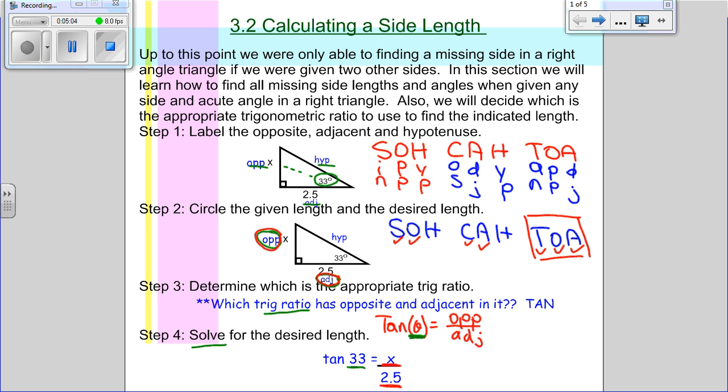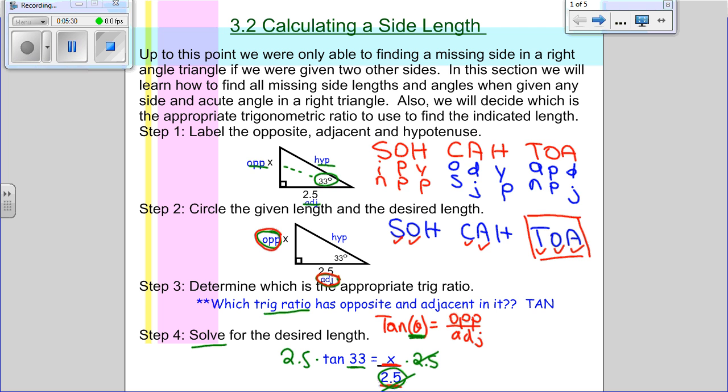Your last step is to solve this thing. To solve this means to get x by itself. To get x by itself, we need to move this 2.5. So we need to somehow undo a division. To undo division, we multiply 2.5 to both sides. So now you have 2.5 times tangent 33 equals x.